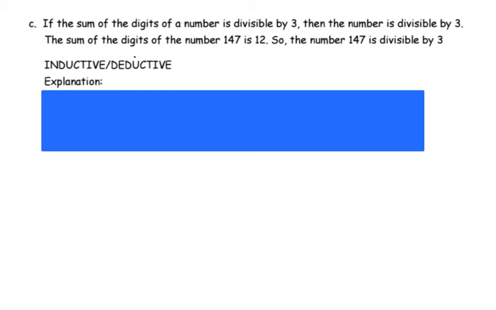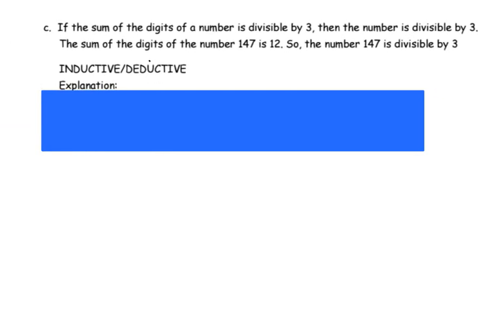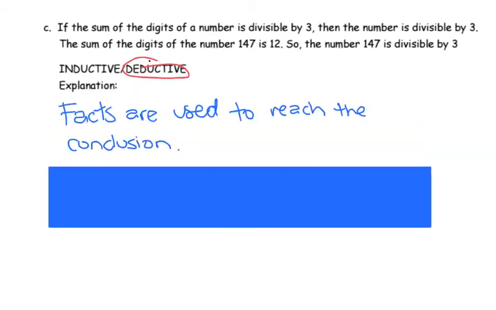So inductive or deductive? And I know most of you are probably trying 147 divided by 3. Is that right? Oh, it is divisible by 3. So this is deductive reasoning. And the reason why it's deductive is because facts are being used to reach the conclusion.